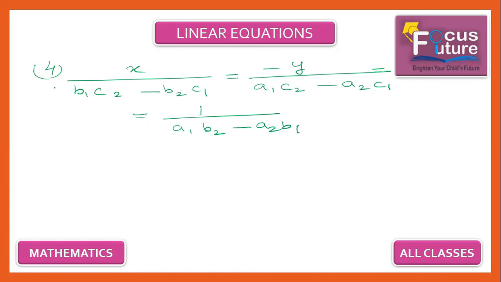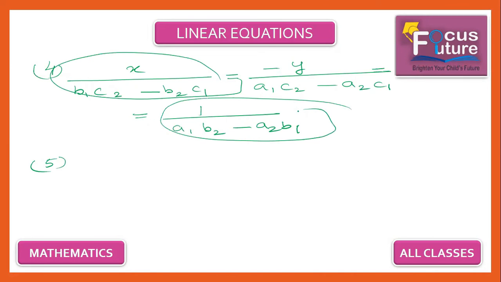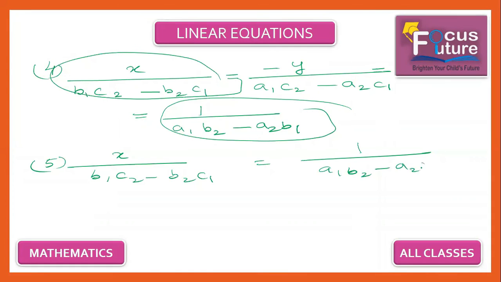From this, you would calculate your step number 5. Take two equivalents at a time. So compare x and the constant: x divided by b1 c2 minus b2 c1 equal to 1 divided by a1 b2 minus a2 b1.